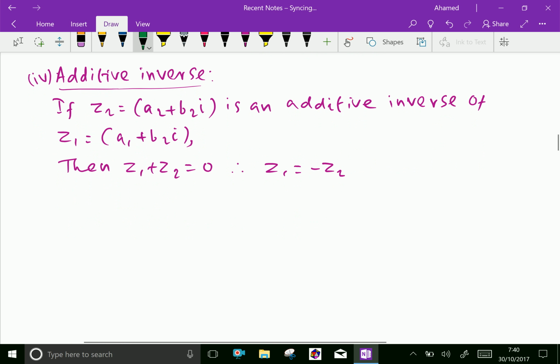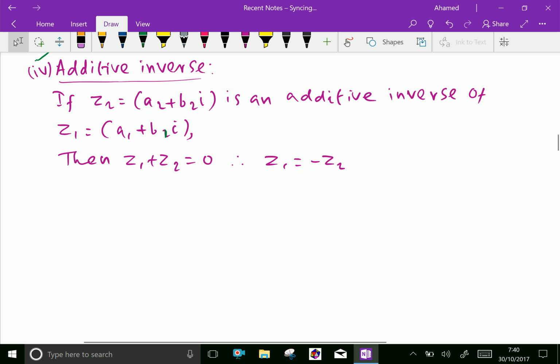Next, additive inverse. If z2 equals a2 plus b2i is an additive inverse of z1, that is a1 plus b1i, then z1 plus z2 equals 0. Therefore the additive inverse of z1 is minus z2.